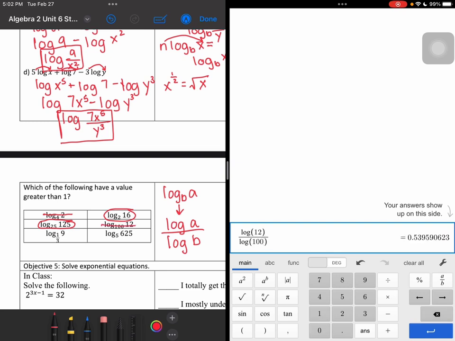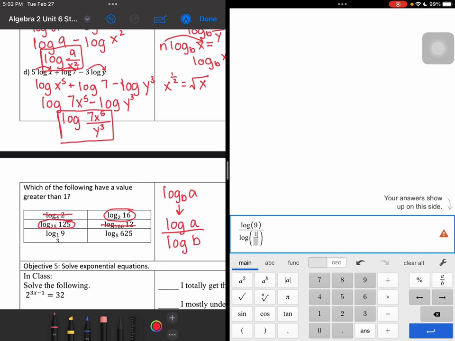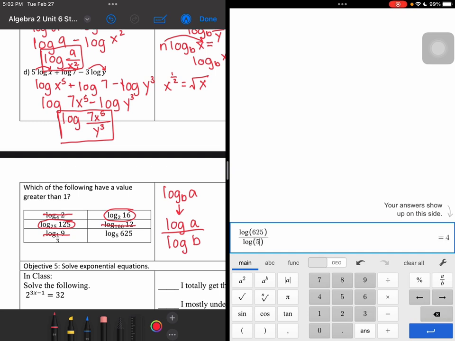That one's definitely less than 1. Log of 9 divided by log of 1/3. It's -2. And then lastly, log of 625 divided by log 5, which is 4.